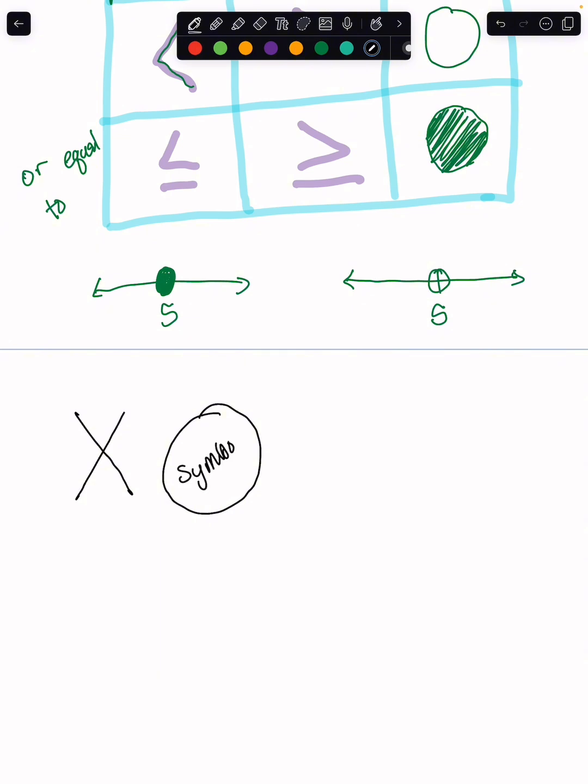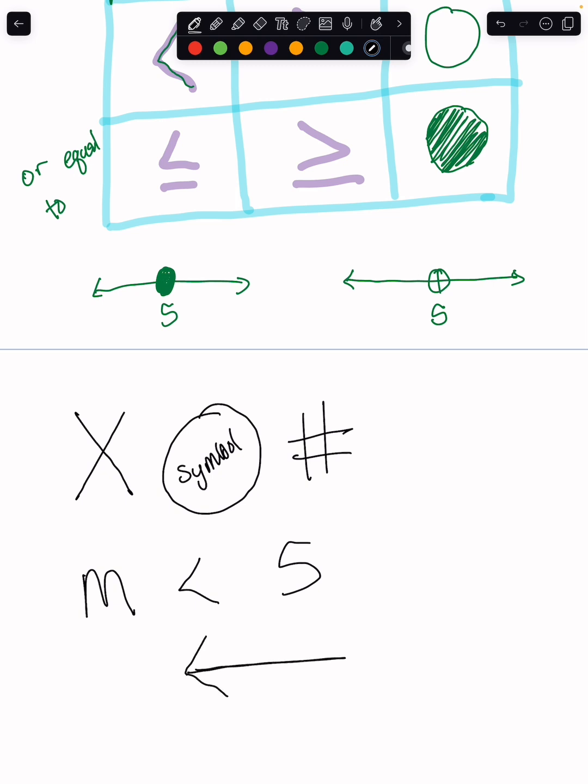Because if you have it like that, let's say you had M is less than 5 or whatever, the symbol is going to tell you which way to shade. In this case, we would end up shading left. If it was K is greater than 7, because this looks like that, that's going to be an arrow, and we're going to end up shading to the right.